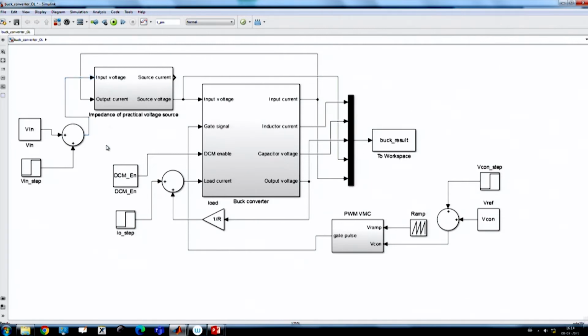What is going to the converter is actually the output of this practical voltage source, which is nothing but an ideal voltage source followed by the impedance of the supply.